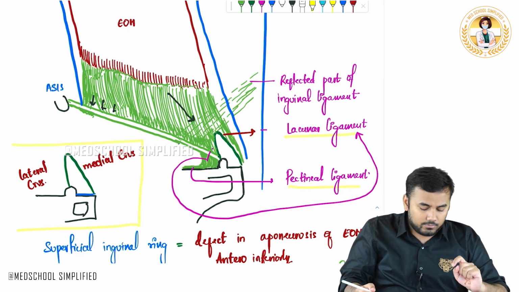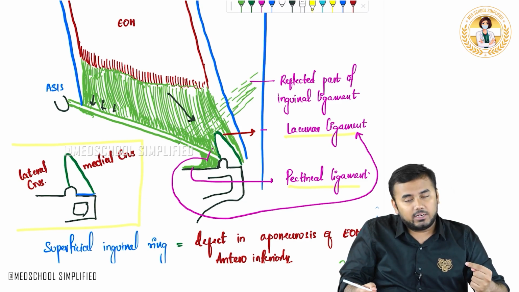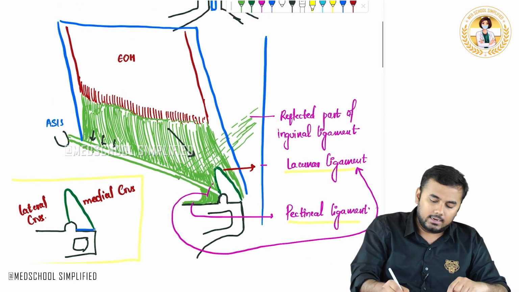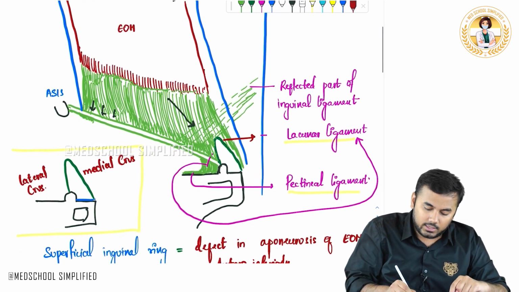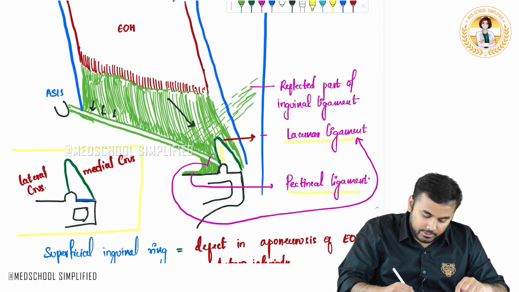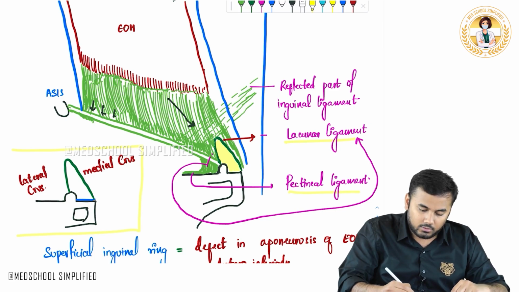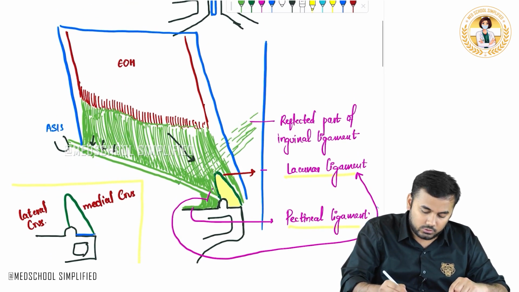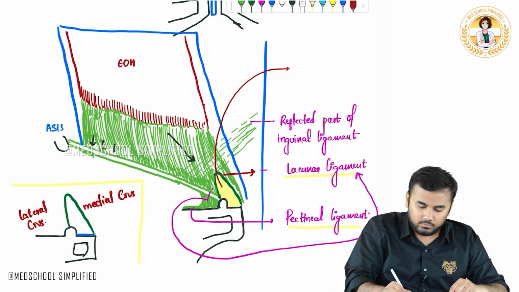So this superficial inguinal ring has two crura, medial as well as lateral. This yellow shaded part over here is your superficial inguinal ring.